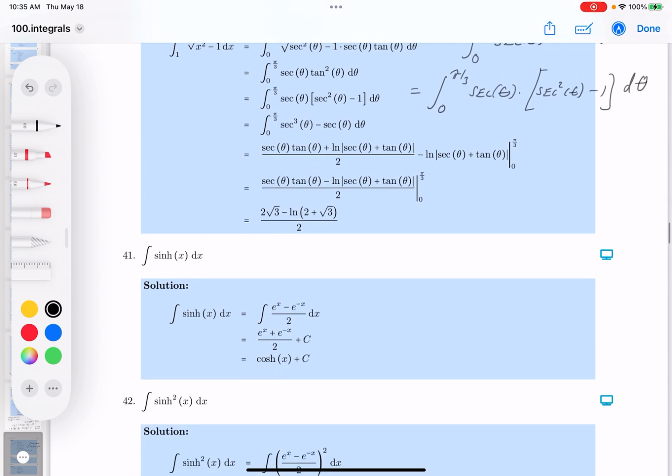Well, deja vu all over again, isn't it? What's it going to be equal to? 0 to pi over 3, secant cubed. Okay, I want to remind you that we've done both of these integrations prior.